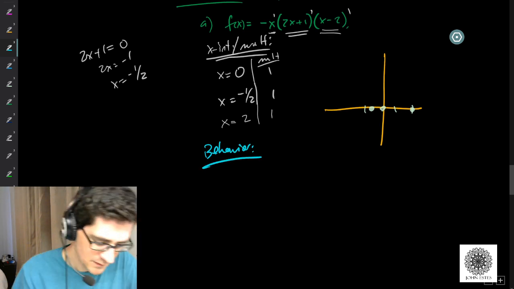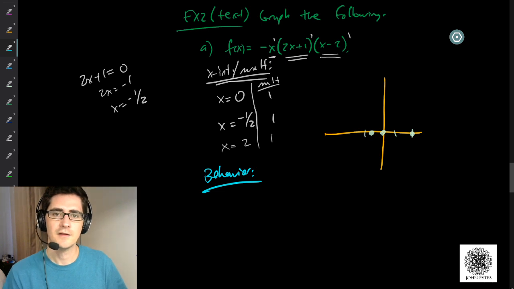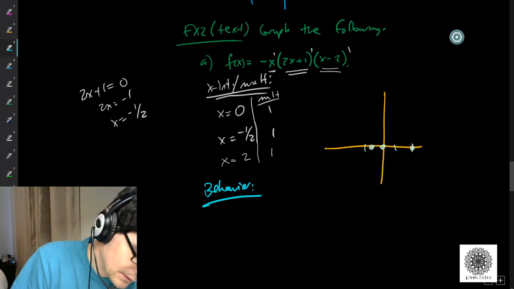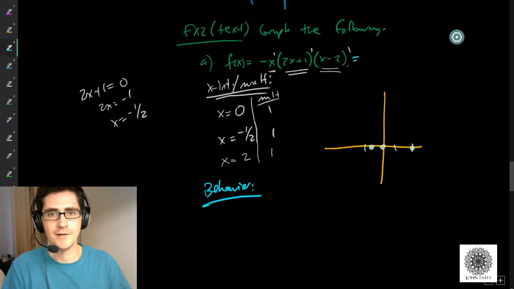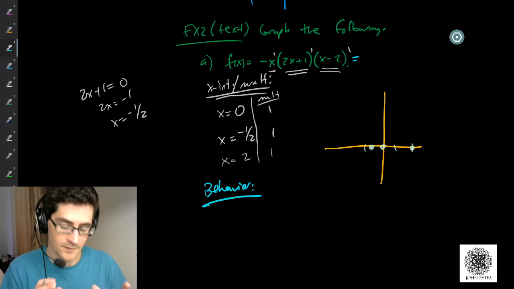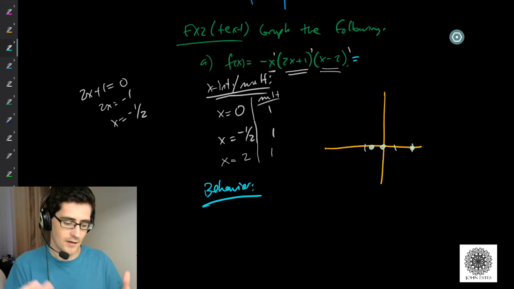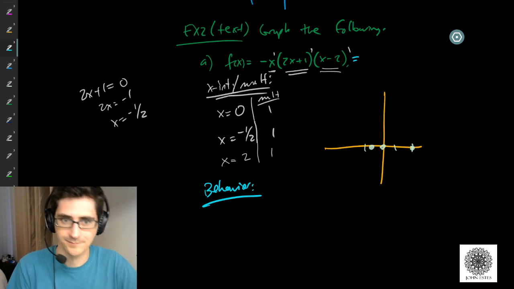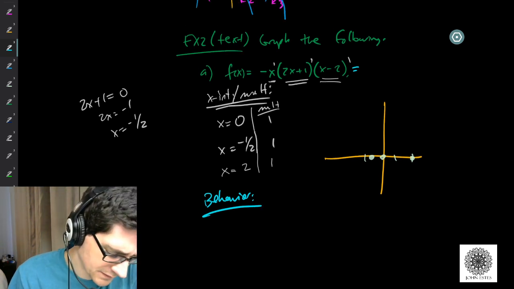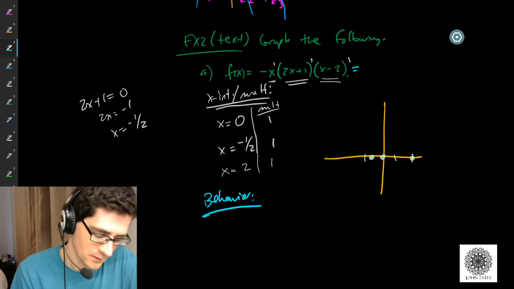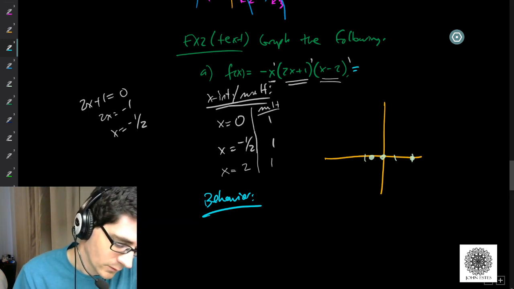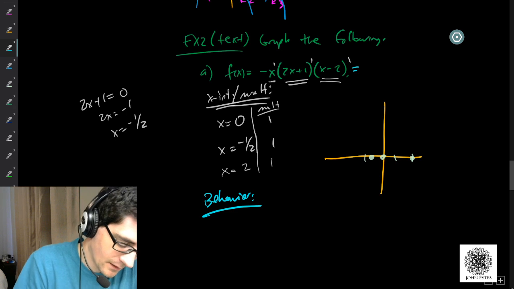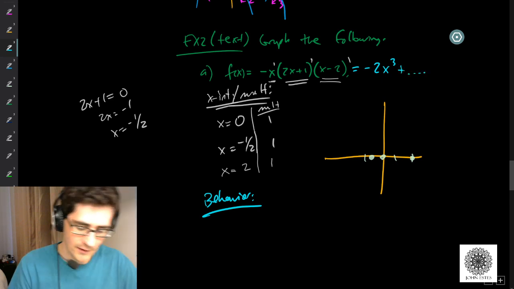Now from this one, since it's factored already, I kind of have to imagine if I FOILed out everything. Because that's going to help me figure out my degree and my leading coefficient. So if I FOILed all this out, you're going to have a negative 2x cubed plus, well, I don't really care what everything else is. That's going to be my highest term, right?